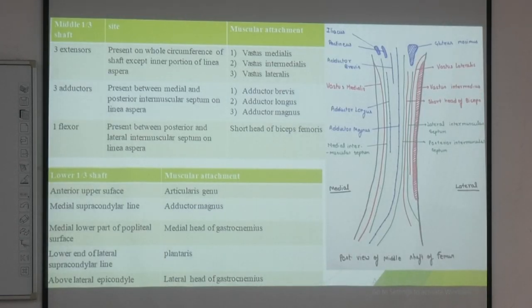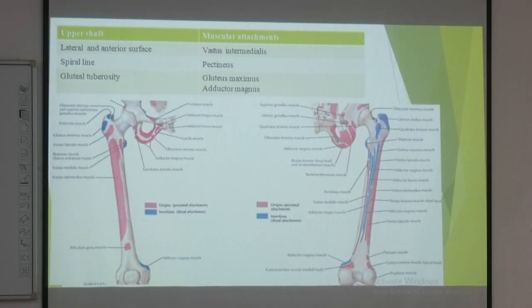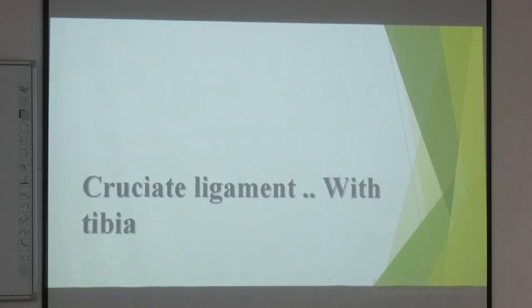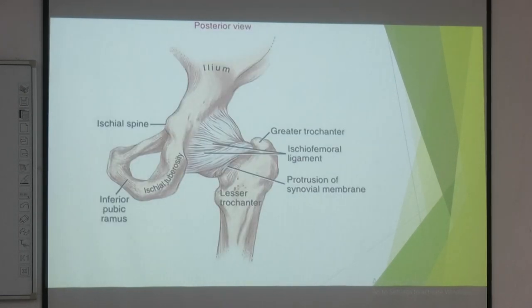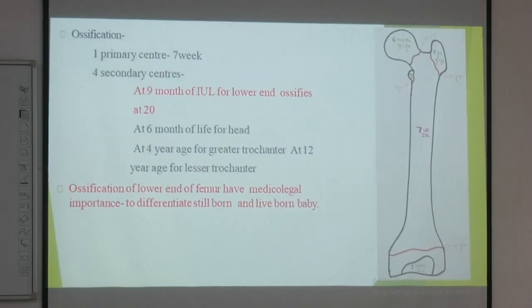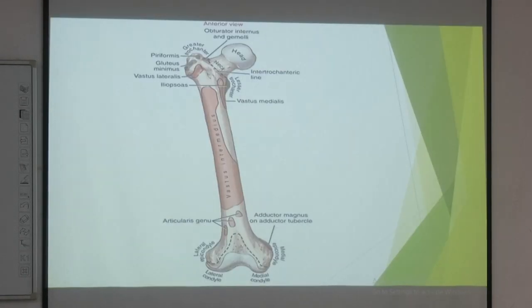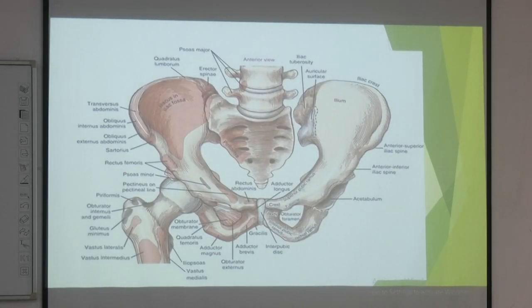Along with that, we may have a picture of the psoas. No, we do not have a picture of the psoas itself, but we have this hip joint. You see that this is the hip joint.